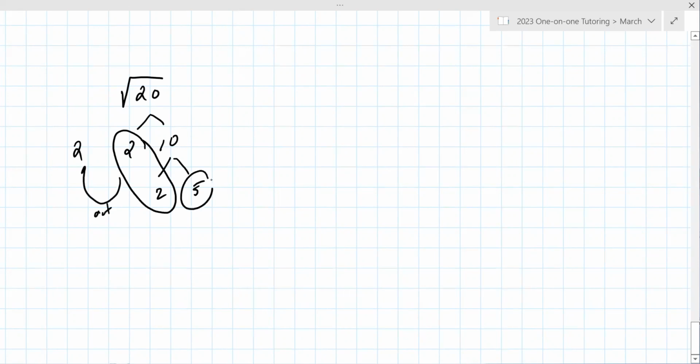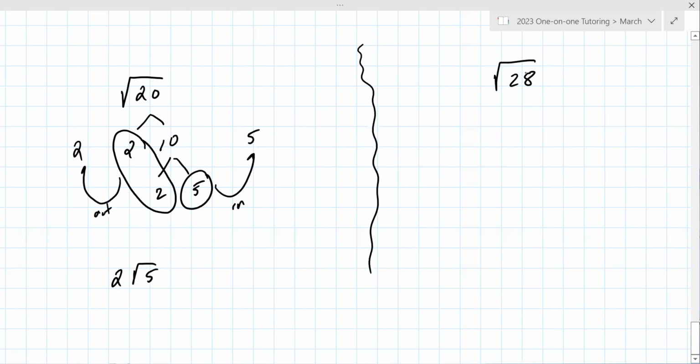This 5 is going to stay in. Now you don't have to show it this way or circle them. I like circling them. I'm only showing you the out and the in. Really, all I care about is that you get the right answer when you're done. So let's have you try the square root of 28 over here off to the right.